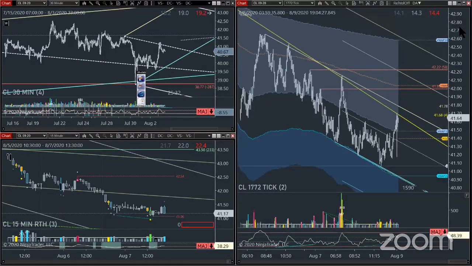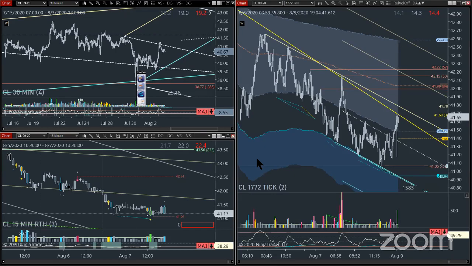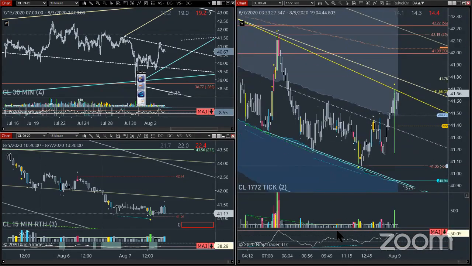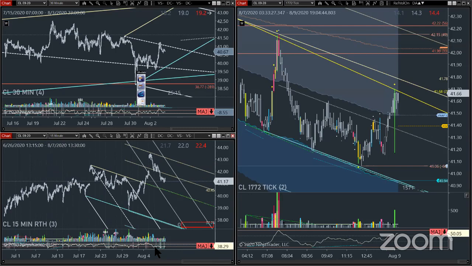It better be. And it looks to me like you've at least got momentum divergence on the tick 2. You've got momentum divergence on, oof, look at that low.